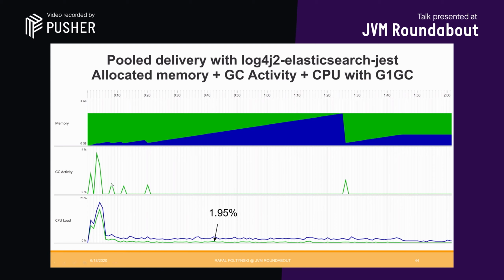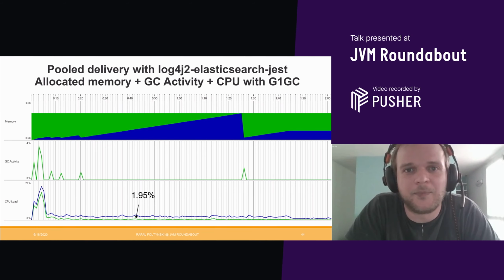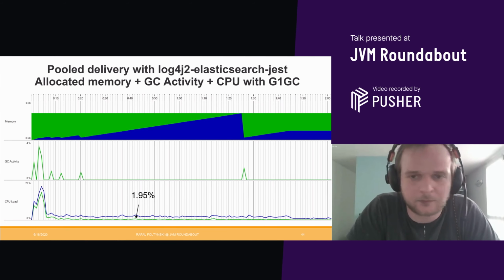A few garbage collections on the left is the learning phase. So after a while, G1 learned that it's okay to let the application allocate a bit, and collect the garbage not as often as it used to.